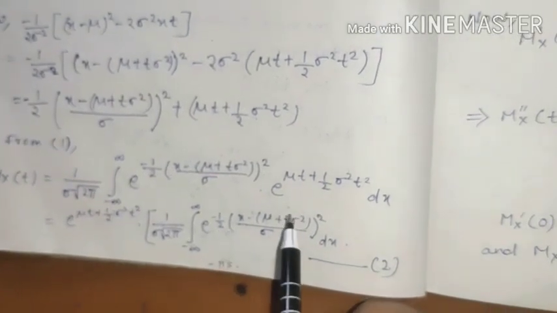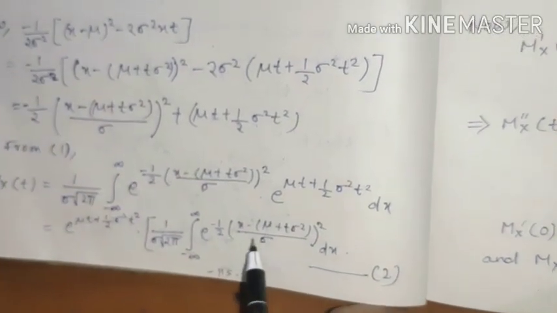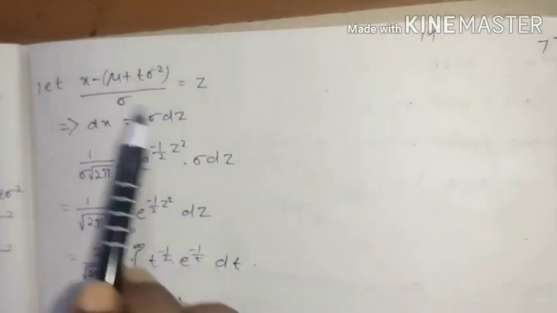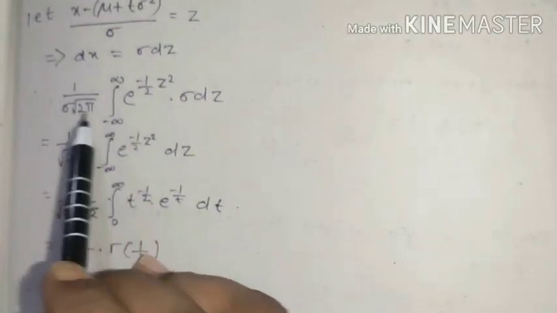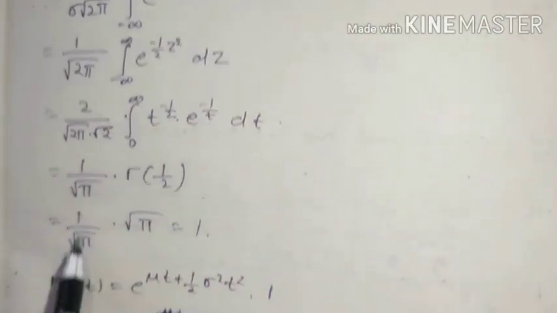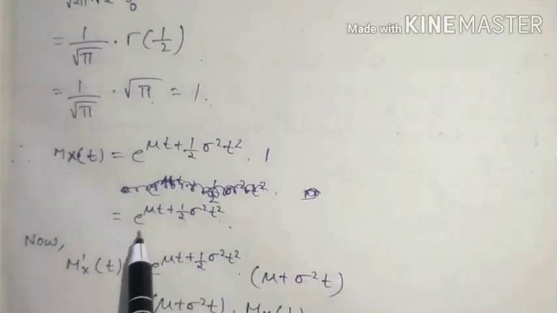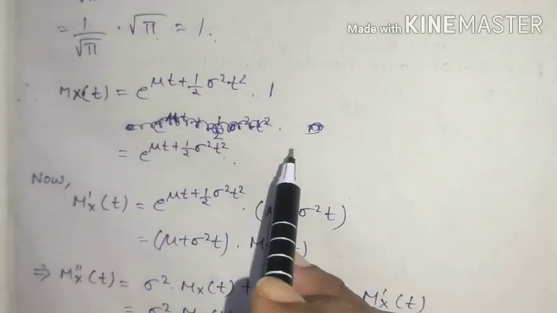So after that you put z equal to x minus mu minus t sigma square by sigma, automatically dx is equal to sigma dz, all the others are parameters. And after that put the formula, and 1 by root over pi into root over pi equals 1. And so M x of t is equal to e to the mu t plus half sigma square t square.